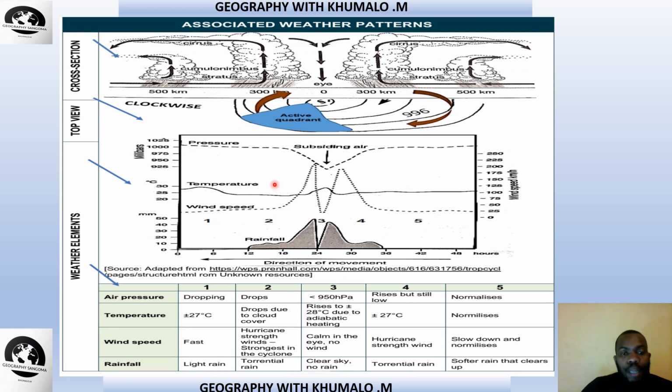Now in number 2, that is where the air pressure drops. Do you see where number 2 is in our graph? There, the air pressure continues to drop, due to the cloud cover forming there. The temperatures are starting to drop now. Remember, in 1 they are increasing, above 27 degrees Celsius.